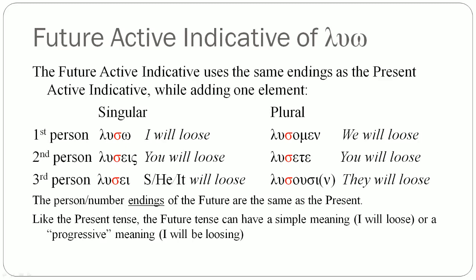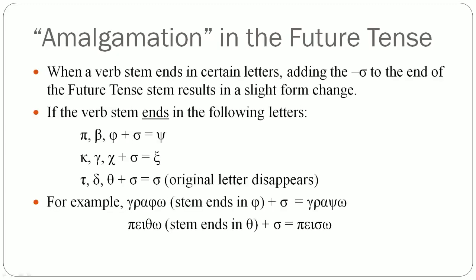Okay, I will loose, simple future, or progressive future, I will be loosing. Okay, emphasizing the process or repetitiveness or continuity. All right, there are your future forms.